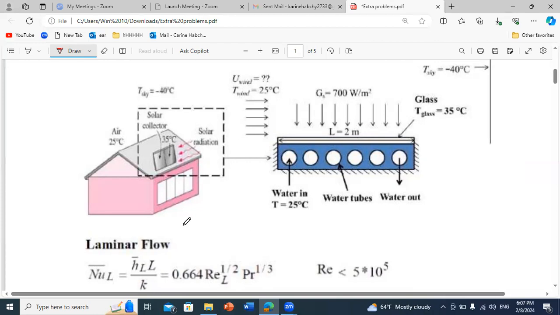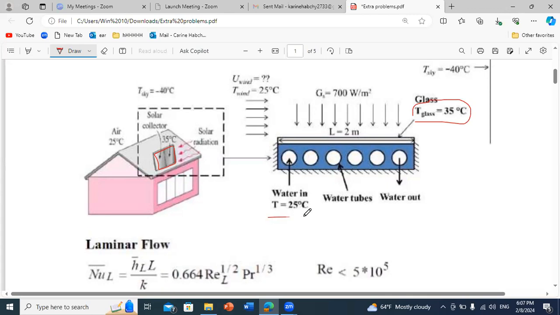Now, as we can see in this figure, we have a certain temperature of the solar collector surface. This temperature is provided. They told us that T glass is equal to 35 degrees. We know also what the conditions are.